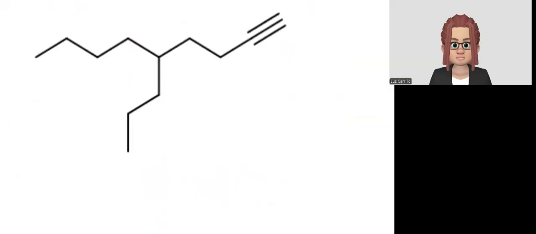Next, I have a skeletal structure. And I want you guys to practice looking at skeletal structures for alkynes carefully. I'm going to write the correct longest carbon chain for this molecule.